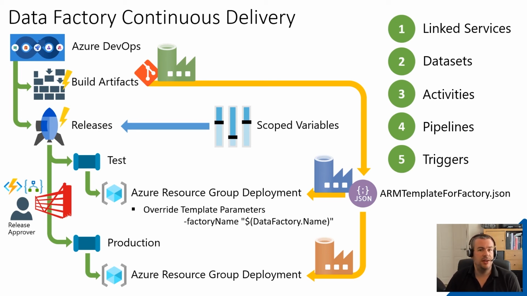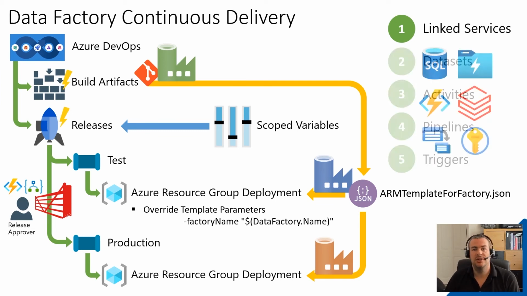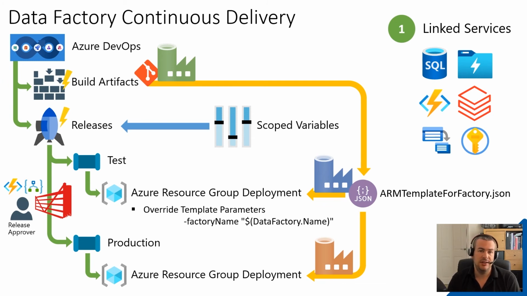And the other thing, of course, to be aware of is that by default, that ARM template that we get out of the box, it's only going to parameterize and expose our linked service connections. It's not going to give us the option to parameterize all of the other stuff within our Data Factory, only the linked services by default.